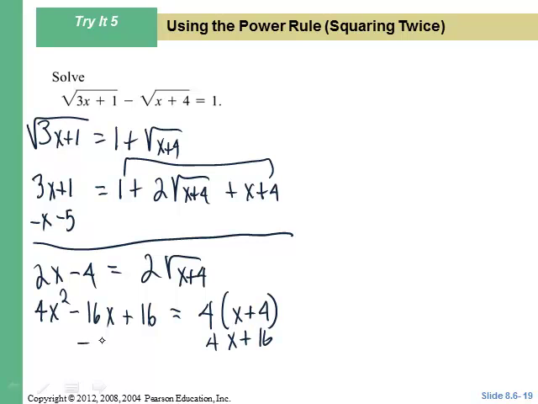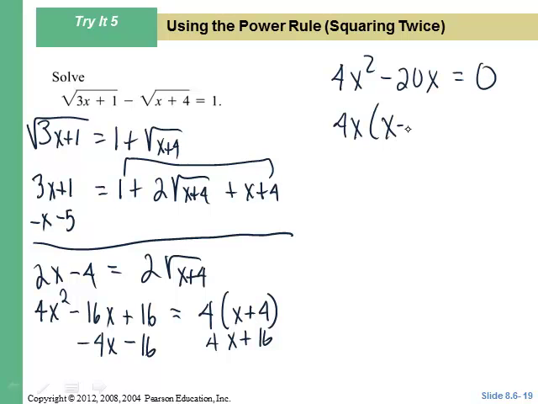So subtract 4x from both sides, subtract 16 from both sides, and you get 4x squared minus 20x equals 0. So take a 4x out and you're left with x minus 5. So x equals 0 or 5.